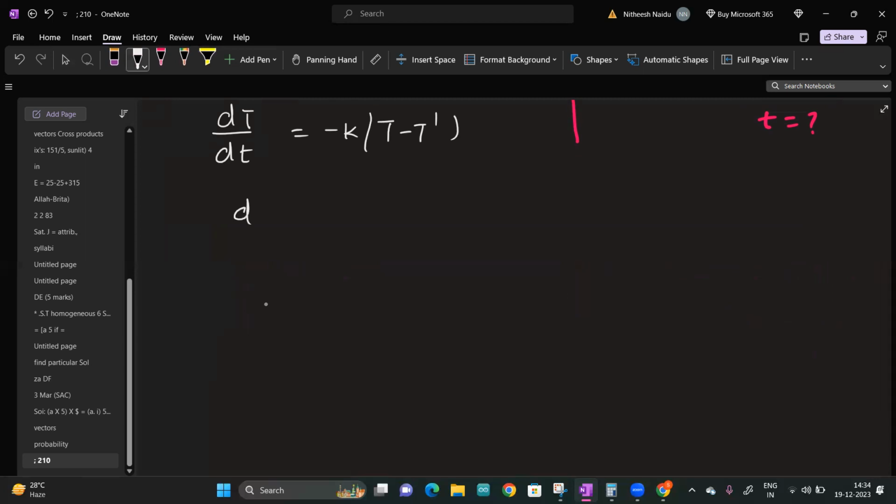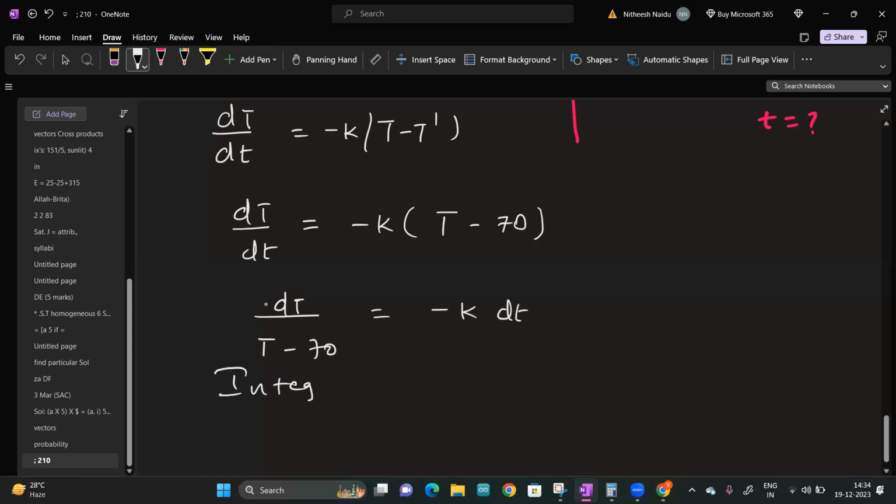So write down dT/dt is equal to how much? Minus k into (T minus room temperature, which is 70). Okay, don't write that Fahrenheit. So dT/(T - 70) = -k dt. Now integrating this part.